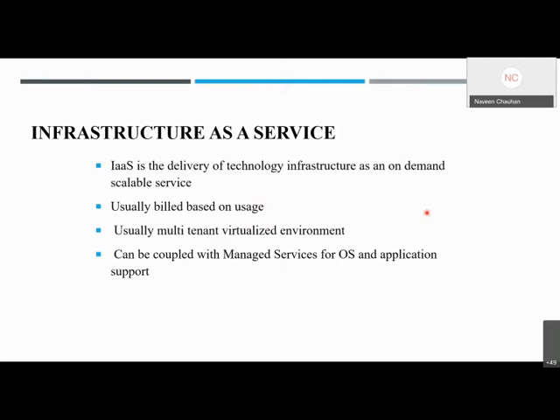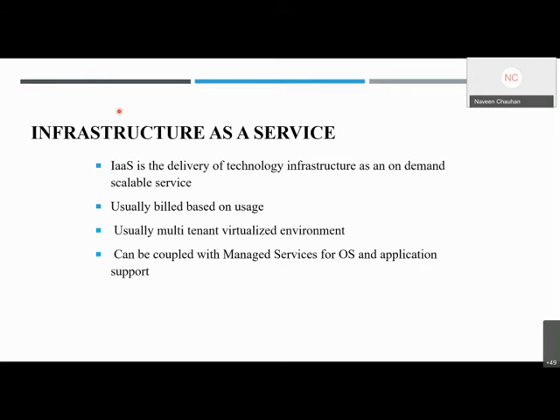Next comes infrastructure as a service. Infrastructure as a service is the delivery of technology infrastructure as an on-demand scalable service, usually billed based on usage, usually a multi-tenant virtualized environment, and can be coupled with managed services of operating system and application support. Multi-tenancy and metering of these services we have discussed in great detail.